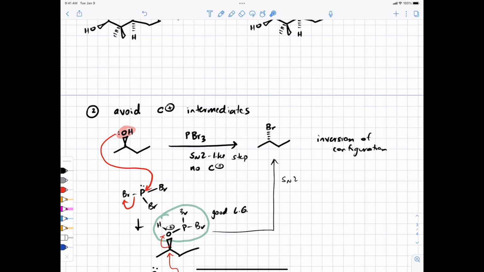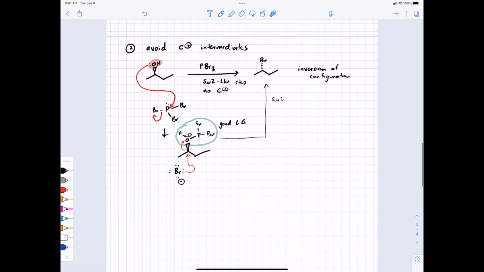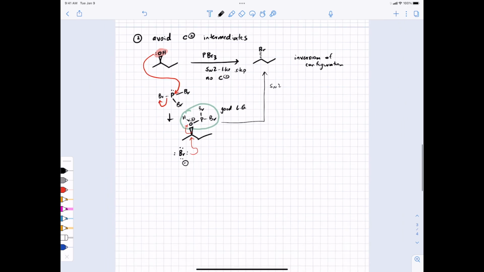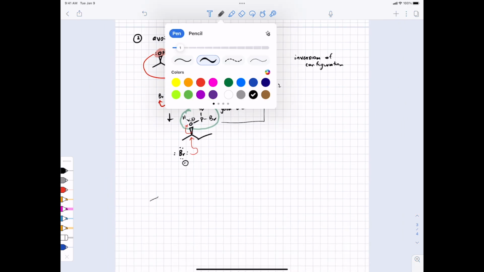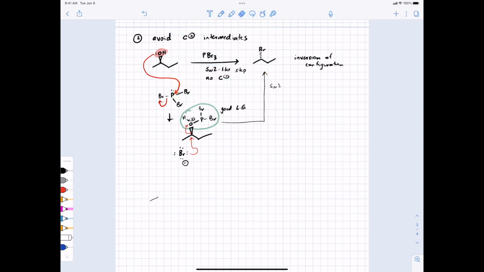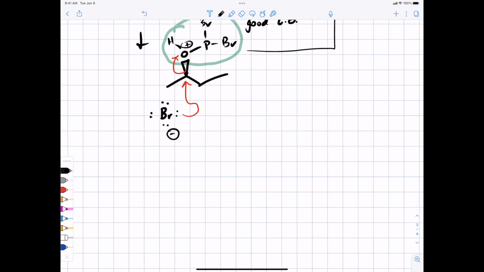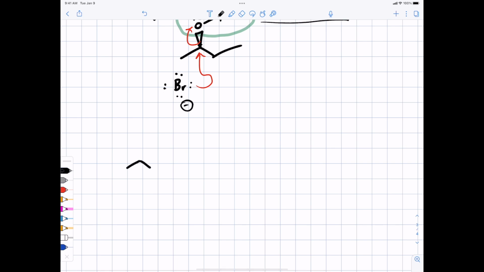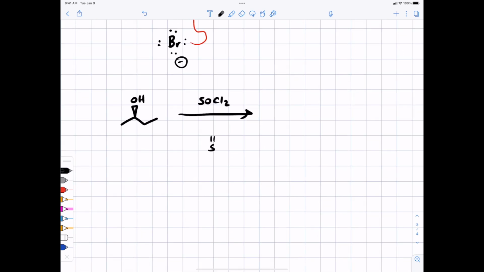All right. So there's an analog to this one in terms of substitution chemistry with chlorides. So we can take the same starting material and use a reagent called SOCl2. I'll draw what that looks like.